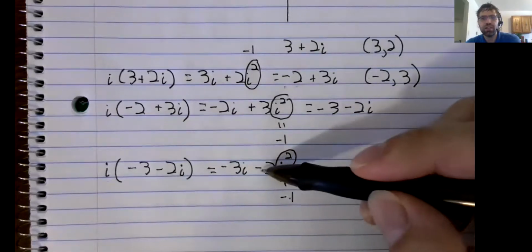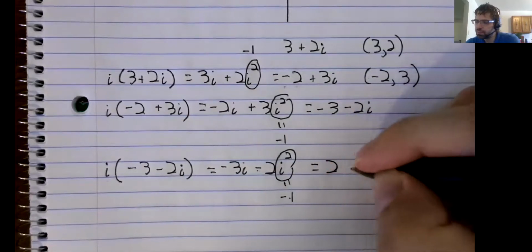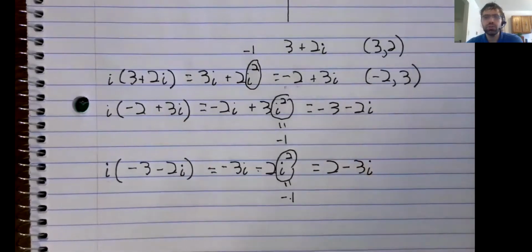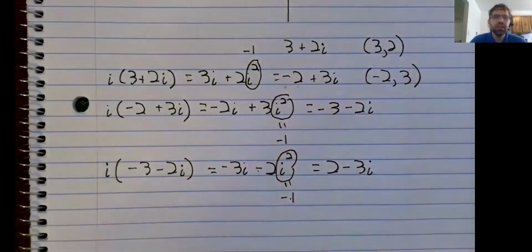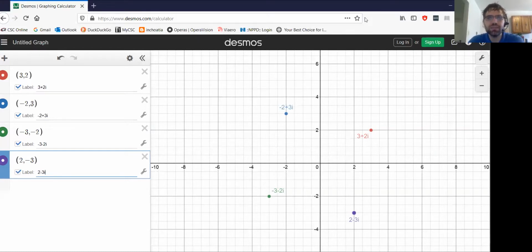This negative and this negative cancel. And we get 2 minus 3i. Let's throw that up. This is plotted just as 2, negative 3, but it represents 2 minus 3i.